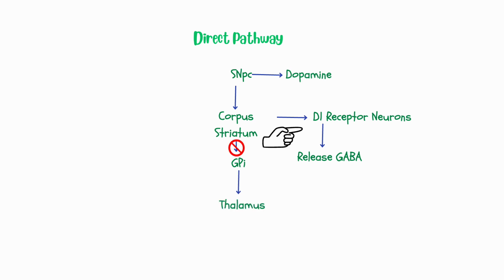Normally, the GPI projects to the thalamus where it releases GABA, thus inhibiting the thalamus and preventing it from releasing glutamate and stimulating the motor cortex. However, because GPI is inhibited by the corpus striatum, the thalamus is then disinhibited and can stimulate the motor cortex, thereby assisting with initiation and execution of the desired voluntary movement.